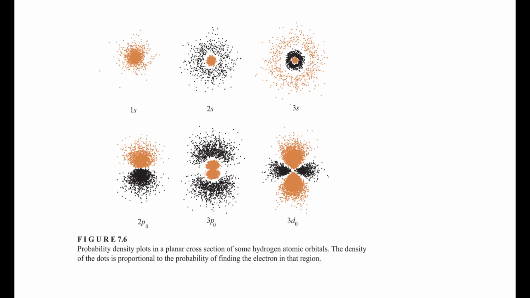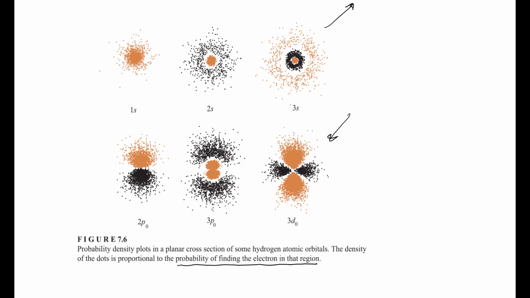As described a second ago, these little dots in here, and the density of those dots is proportional to the probability of finding the electron in that region. So of course, as we go further away for the 3s orbital, we'll find that the density of dots decreases.